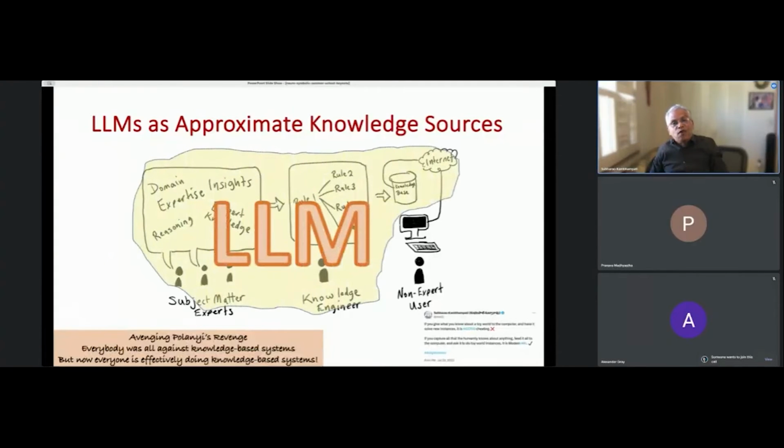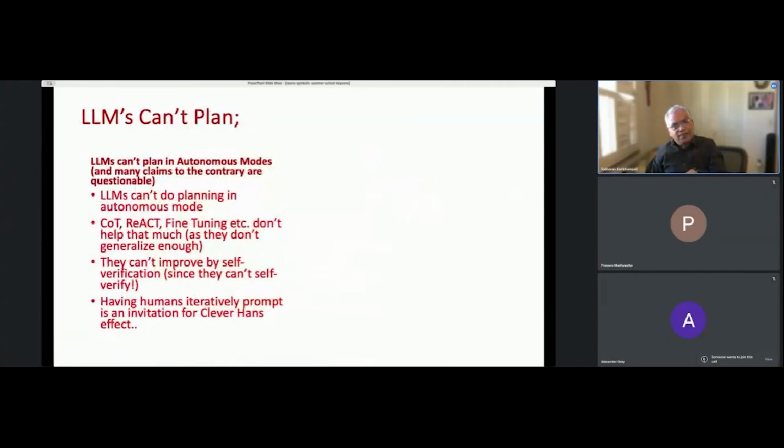You can think of what LLMs did as approximately short-circuiting that whole yellow region. You can ask LLMs what you might have asked domain experts, and you can get reasonably correct approximate knowledge. And if you have human experts in the loop, they have much less work to do, so they can become essentially co-pilots for knowledge engineers. That is another great use of LLMs.